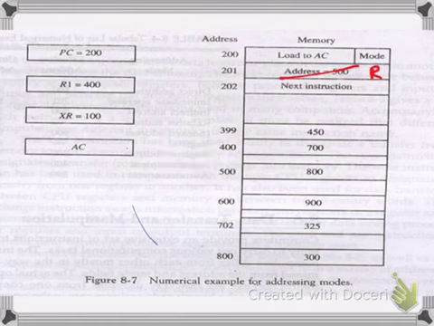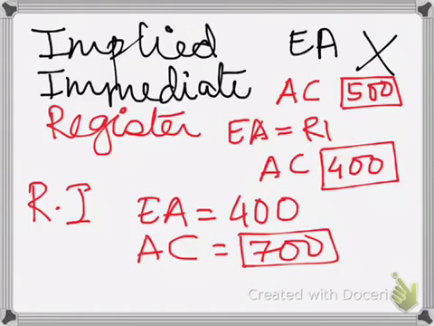Okay, the next one that we'll look at is auto increment and auto decrement. If we use the same register R1 as the register, then everything remains the same, exactly the same as register mode. The accumulator will get 400.